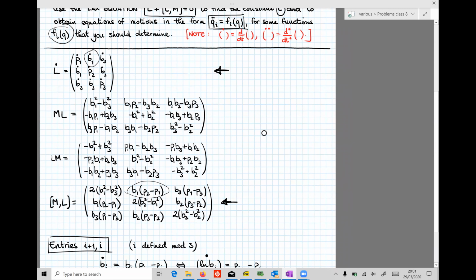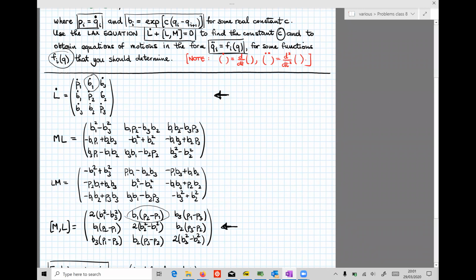And now we plug in the expression for B that is written here.